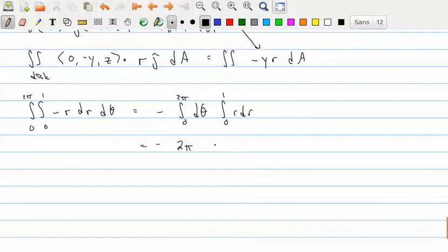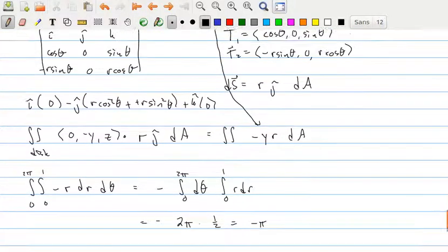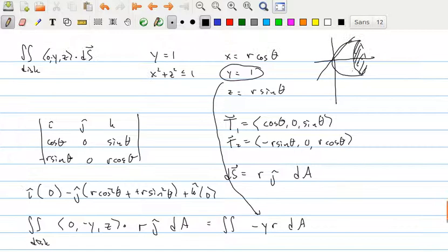The second one gives us r squared over 2, evaluated at those endpoints is 1/2. So we've got negative pi for that integral through that end cap, the disk at the end of that surface. So we add those two pieces together, that gives us the flux across the surface. So we'll have a chance to look at more of these in detail in class.